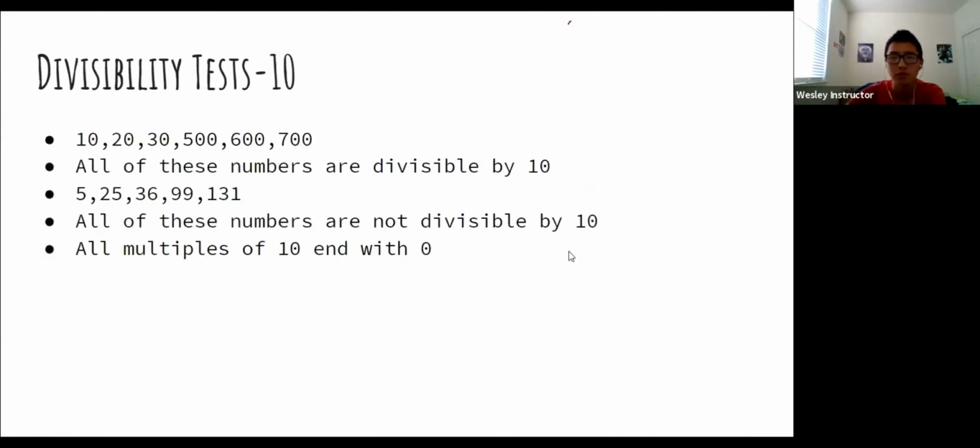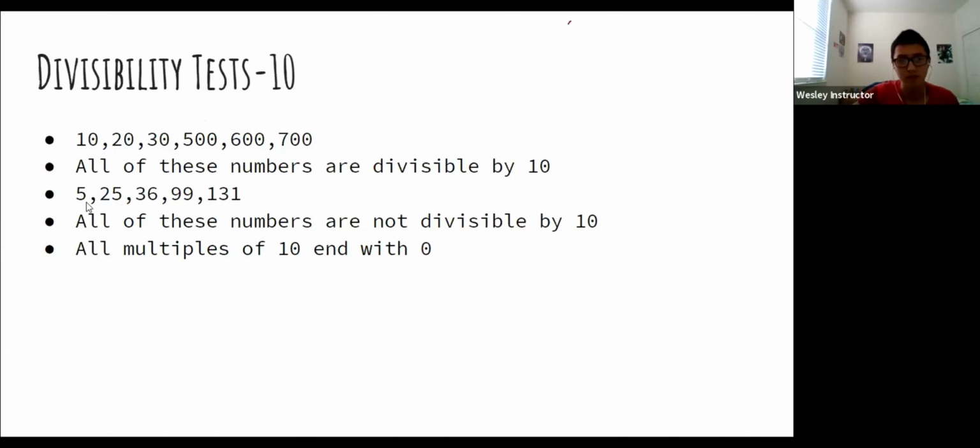First we'll start with the divisibility test of 10. This is pretty easy. 10, 20, 30, 500, 600, 700, all these numbers are divisible by 10, because they end with a 0. Any multiple of 10 will end with a 0. 5, 25, 36, they don't end with a 0, so they are not divisible by 10.